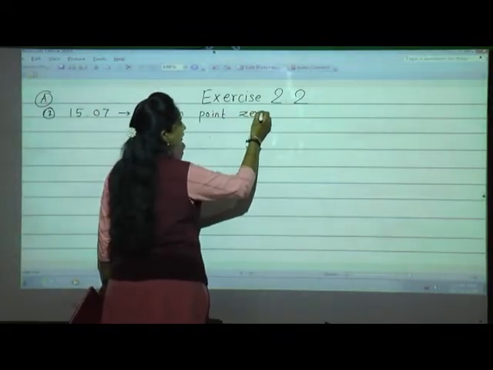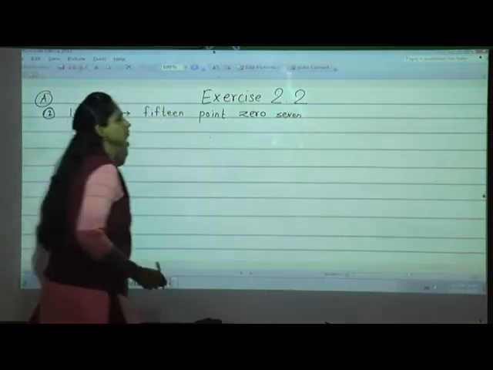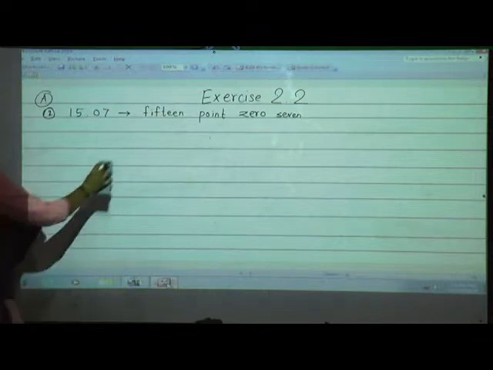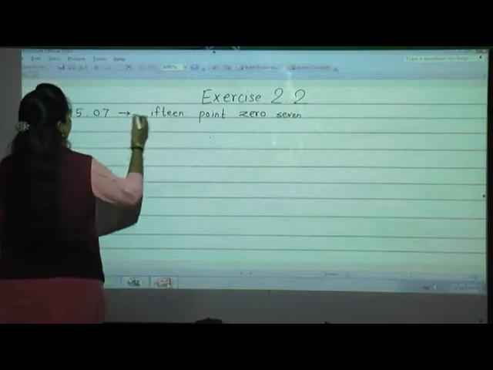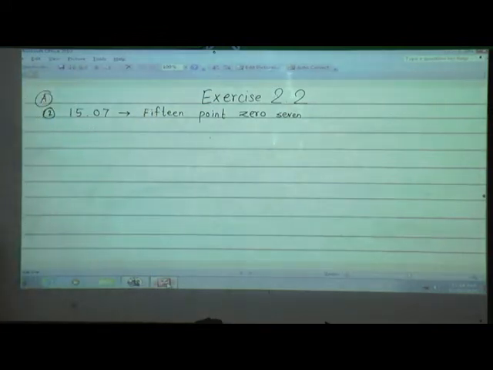Point also important, 0, 7. In this way. Clear? Yes. First letter write capital, then remaining all write small only. Okay? Now next.